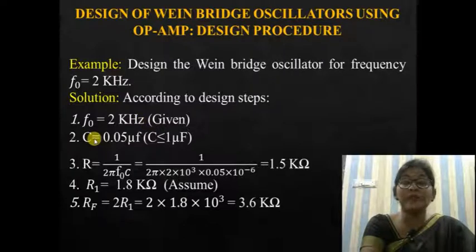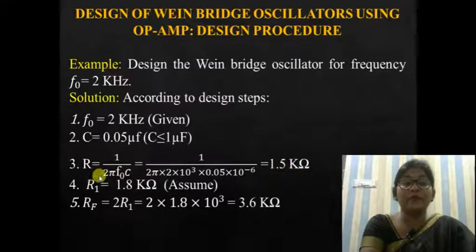Next, assume the value of capacitor C, which will be less than or equal to 1 microfarad. Here C is equal to 0.05 microfarad. Now calculate the value of R using this formula. After calculating, R will be equal to 1.5 kilo ohm.